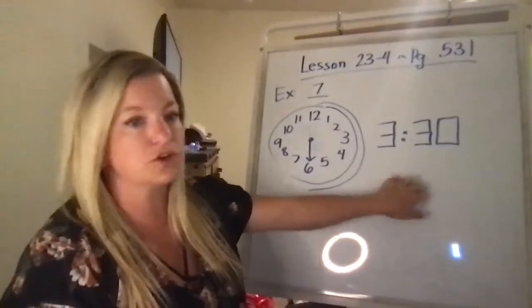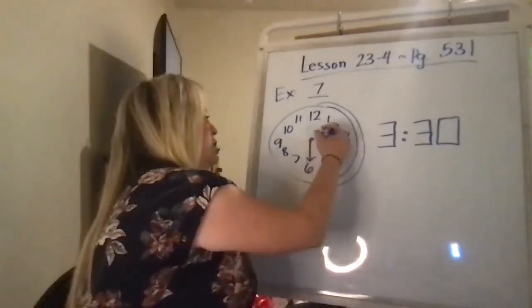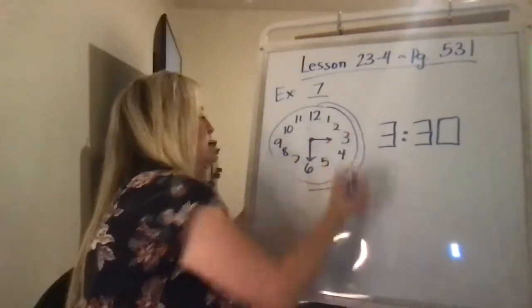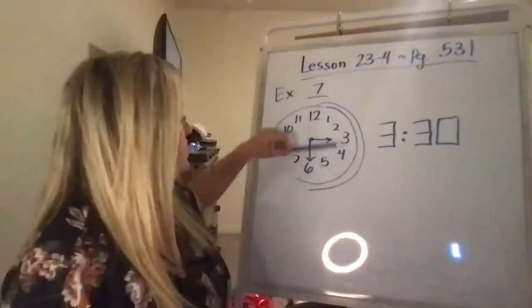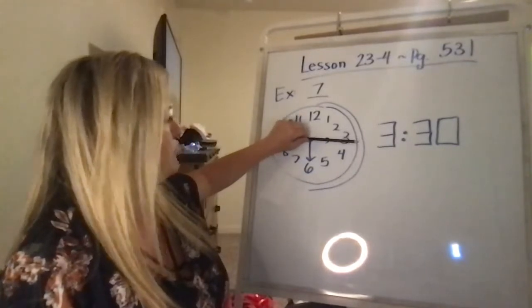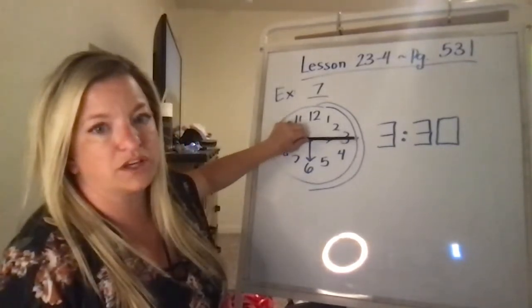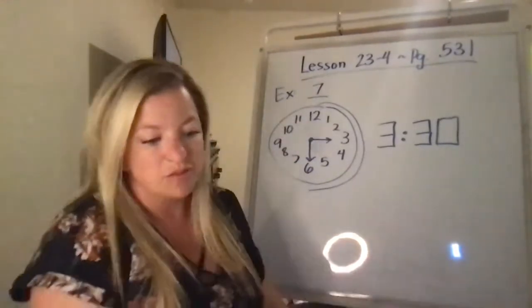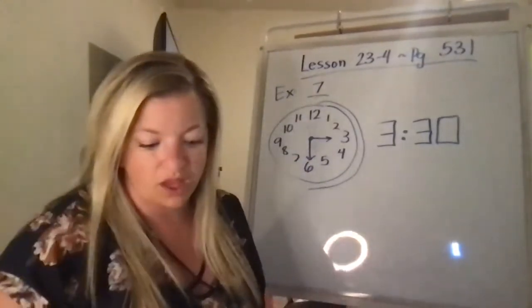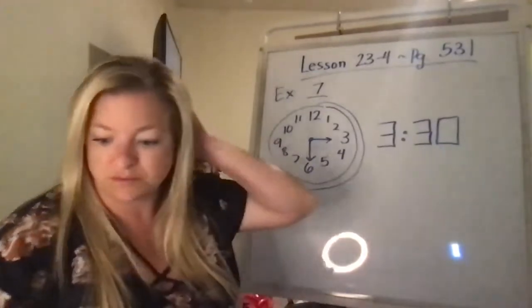So I wrote it in digital, and then I also need to write it here, and it looks like that. So if you notice, my 3 is kind of moving down away from the 3. It's not totally there, it's moving down. Okay, it's hard to do on this dry erase board because it's so thick, but hopefully you get the idea.